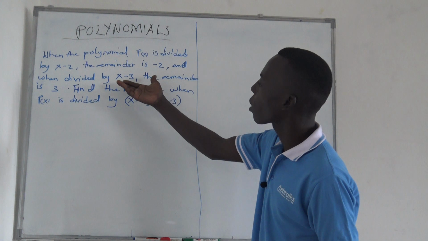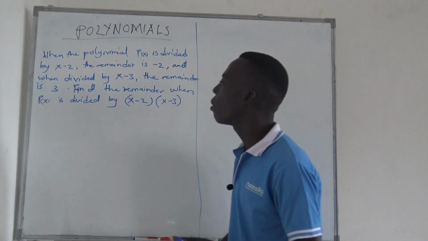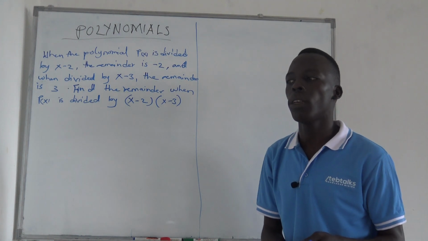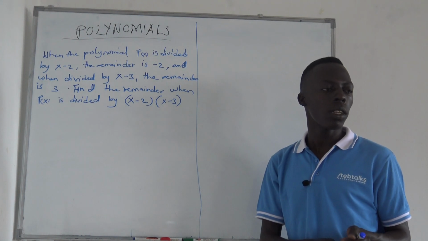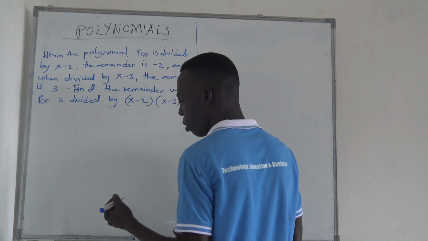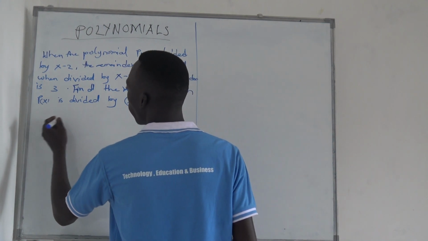The second part is the same thing. By doing that, we are able to get the function p of x. But for this case, this one is very different, but somehow similar.